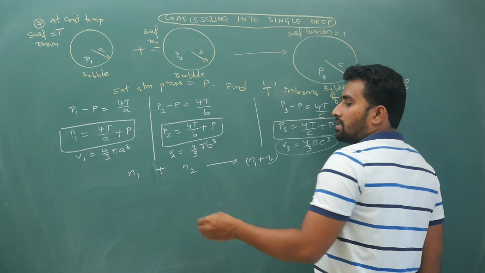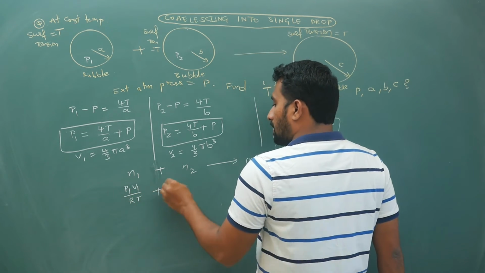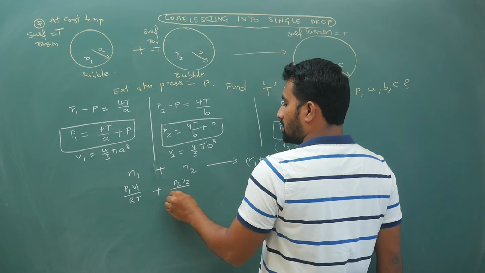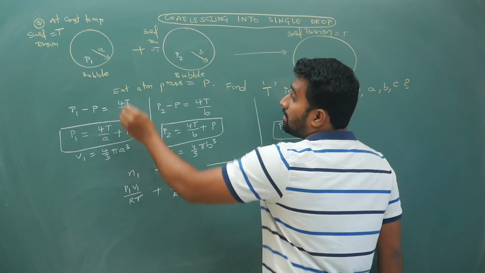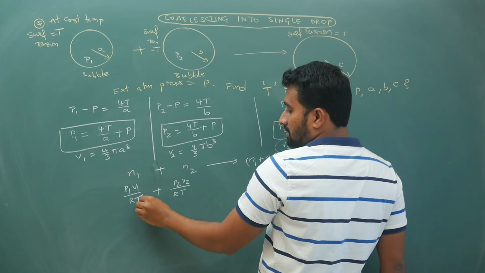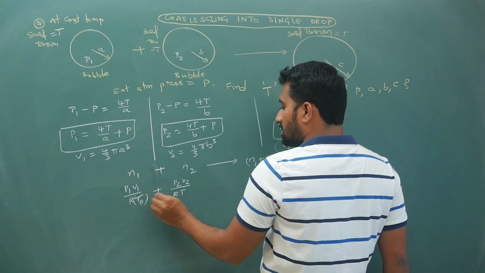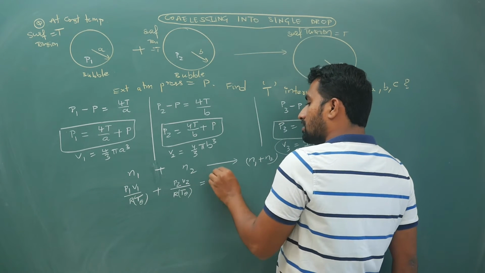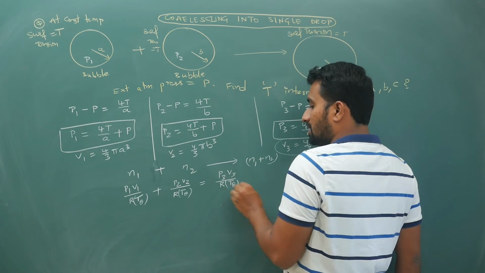So N is P1 V1 by RT plus P2 V2 by RT. Here T is temperature, not surface tension. In the question, surface tension is T, so I will write temperature as T theta. That is equal to P3 V3 by R T theta.